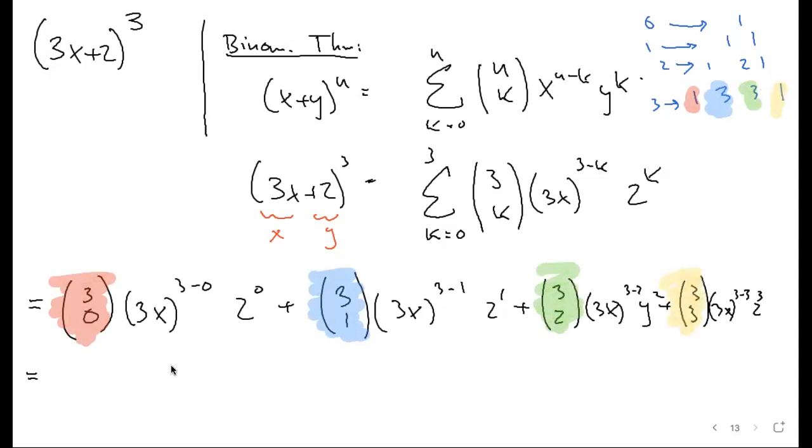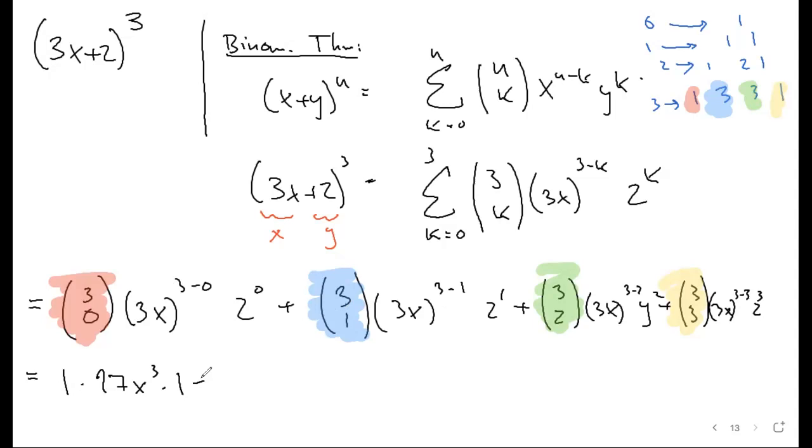So you plug everything in, you get 1 times 3x to the third. Should I just leave that like that? No, I'll expand. So 3x to the third is 27x to the third. 2 to the 0 is 1, so I won't write that.